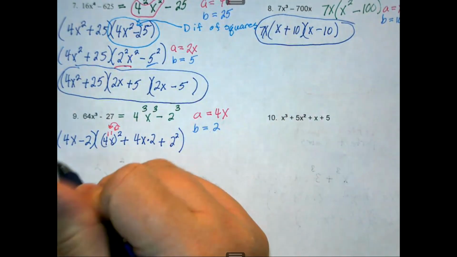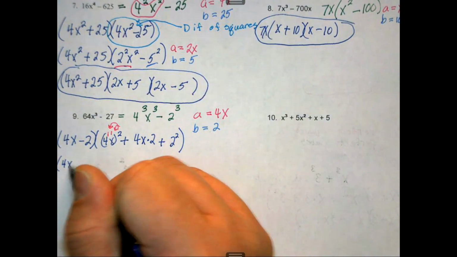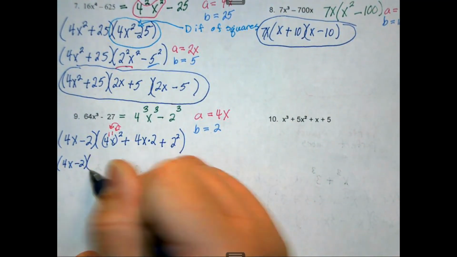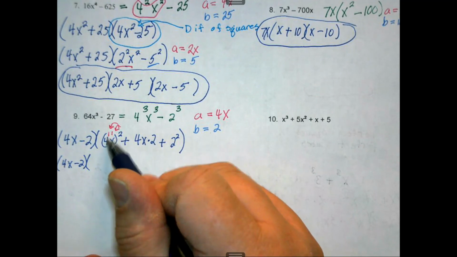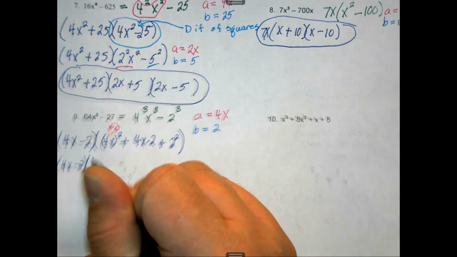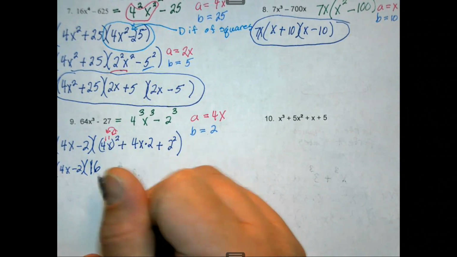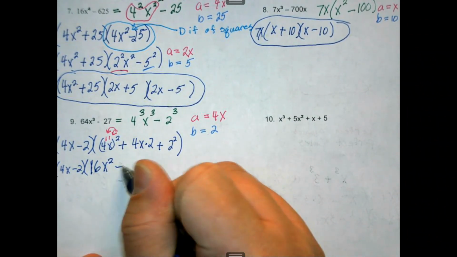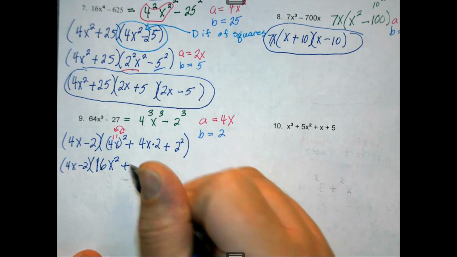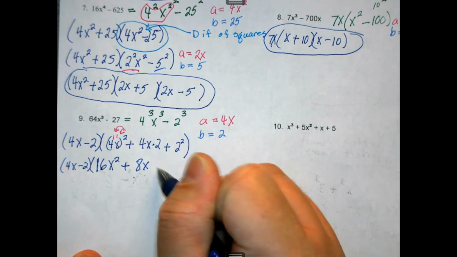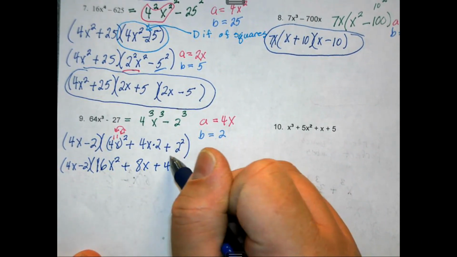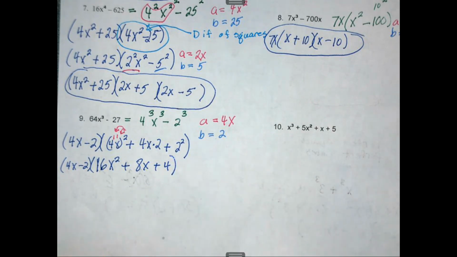So I have 4x minus 2, and 4 squared is what? 16x squared. 2 times 4? 8x plus 4.